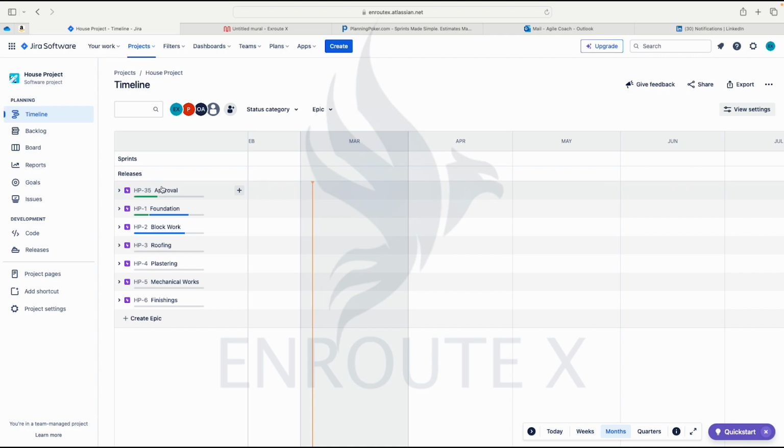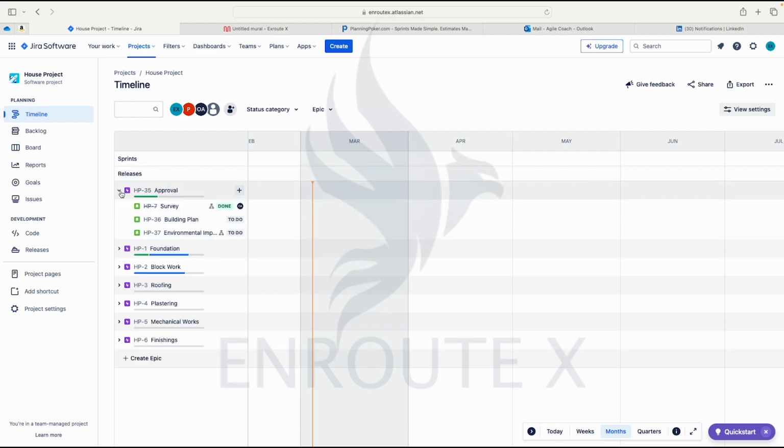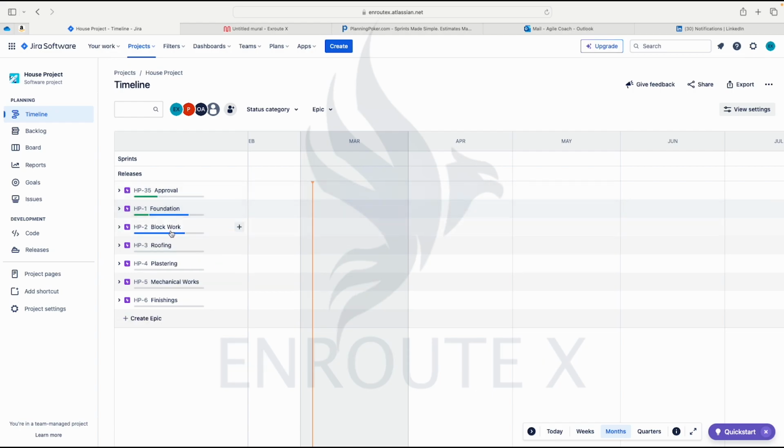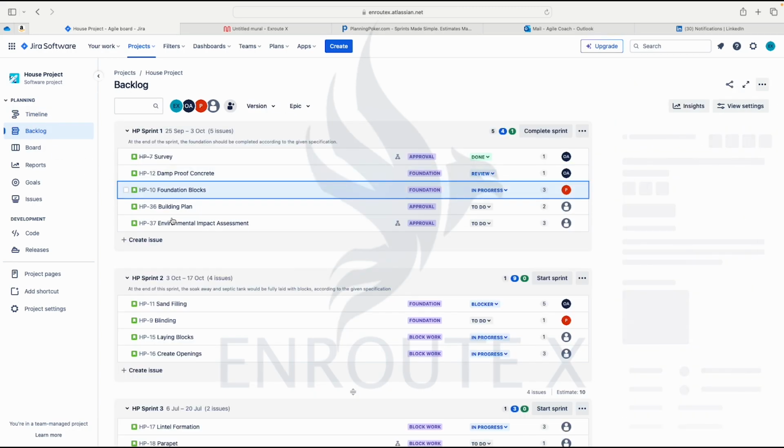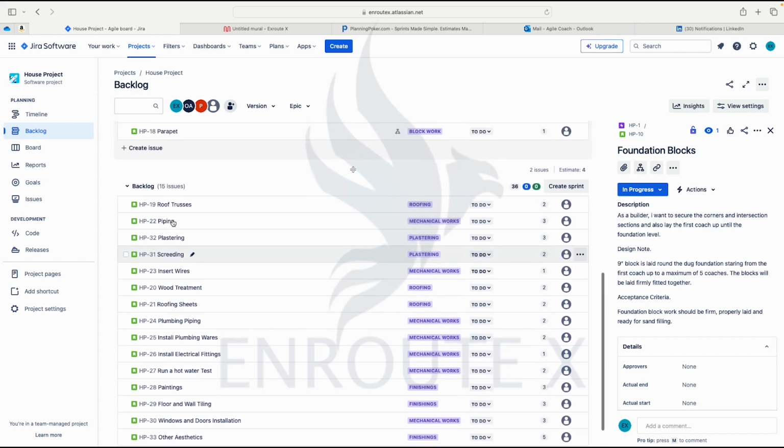We could see different layers, but these are still in the bigger chunks. Approval, foundation, and all the rest, on and on. By the time each of these had been fully delivered, you would have the house at the other end. So these ones is at the higher level, cascaded down or decomposed further, and we can see the decomposition, but they were now cascaded down into the product backlog.